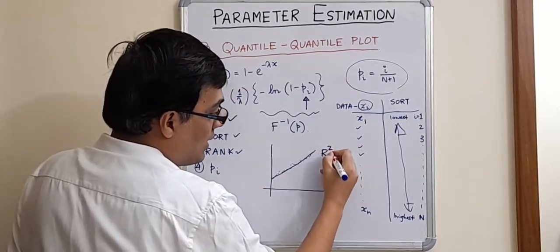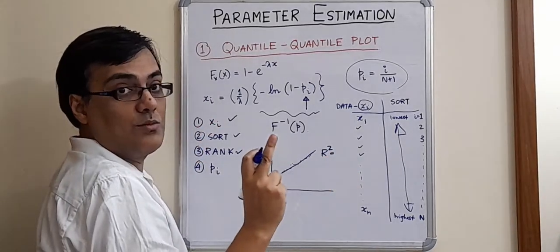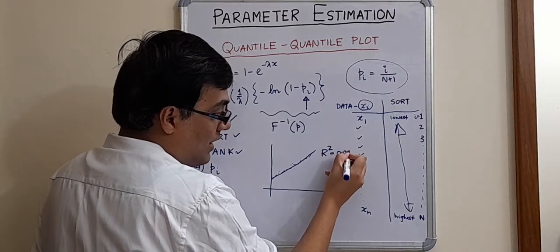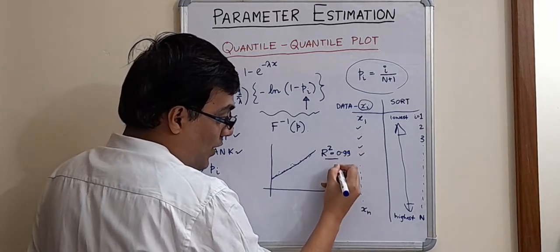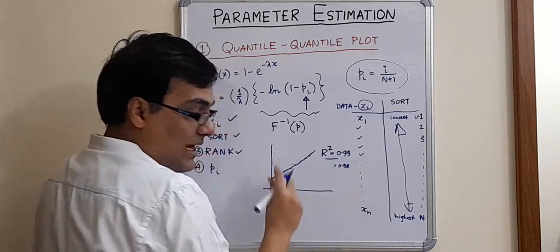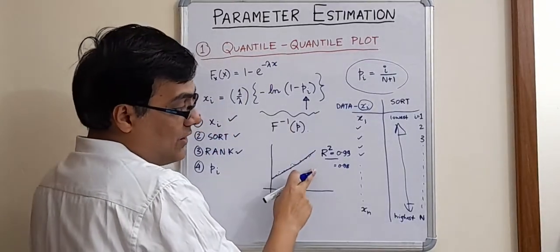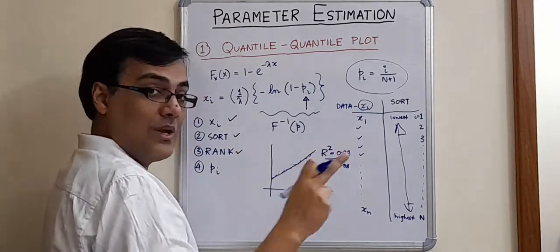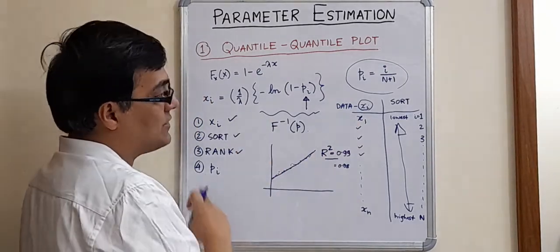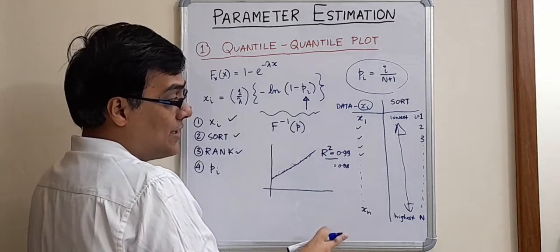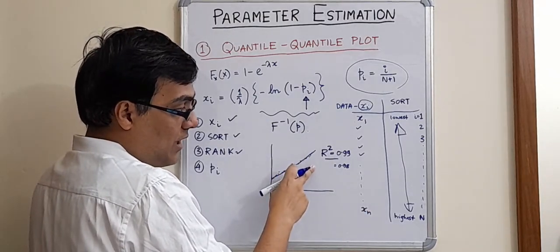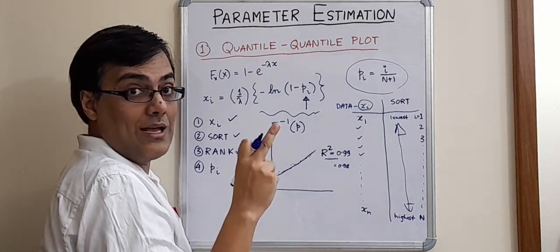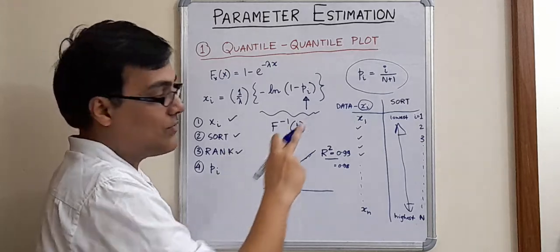For the perfect distribution candidate, this R square should be close to 1, say 0.99 or 0.98. So whichever gives you the highest value of R square actually breaks the deal for you. For each of these distributions, you do this exercise and find out the R square, and whichever gives you the highest R square is the candidate distribution for the data.